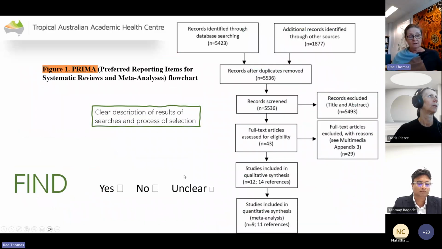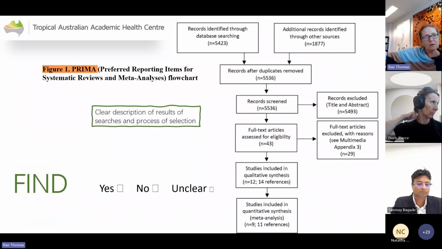The other thing I found when I was looking through their paper is that in their results section, they gave me this. And this is called a PRISMA flow chart. And usually in systematic reviews, this is going to be your figure 1. This shows me all of the process of the studies they've got, from when they searched different databases to their included.